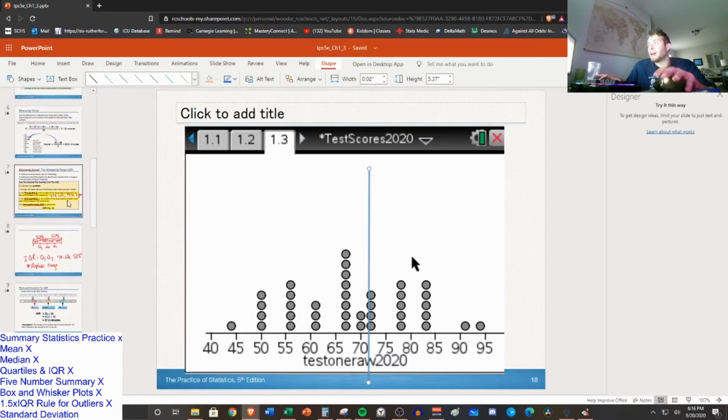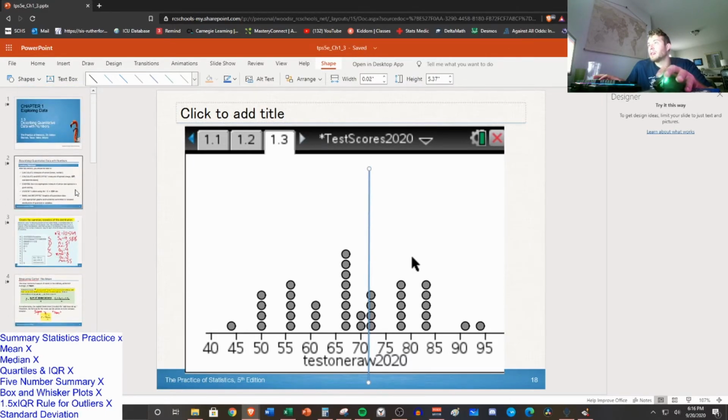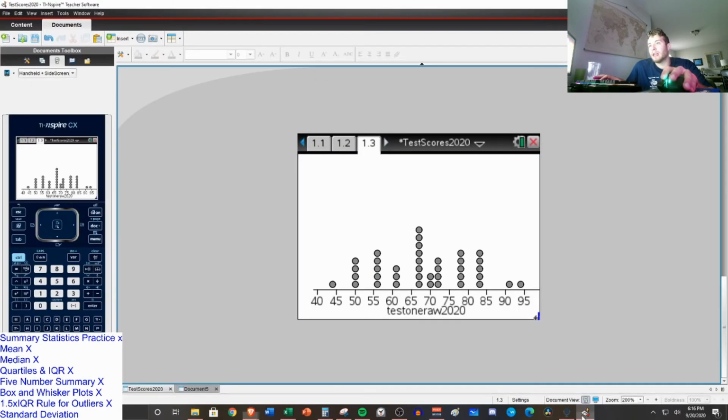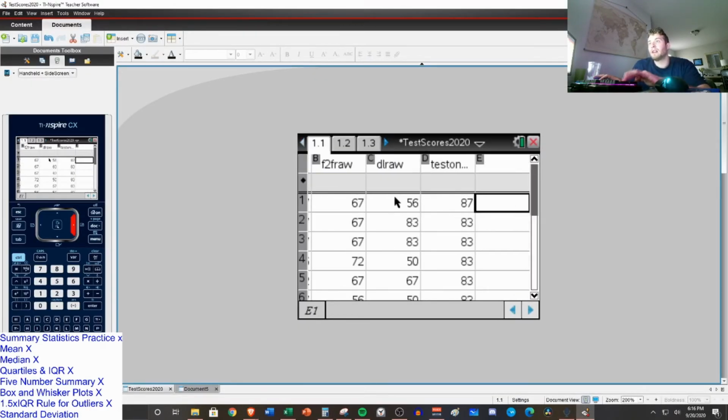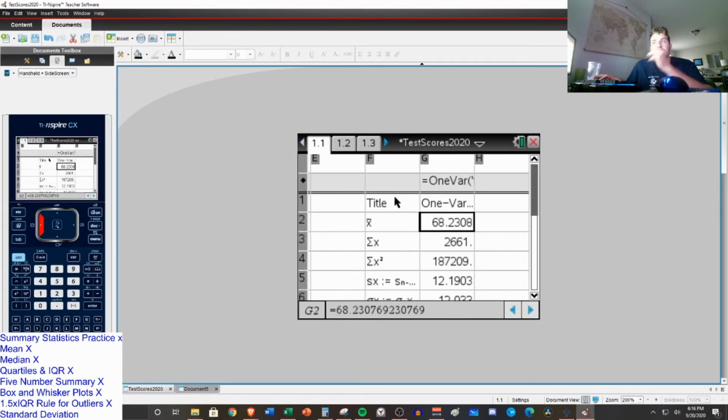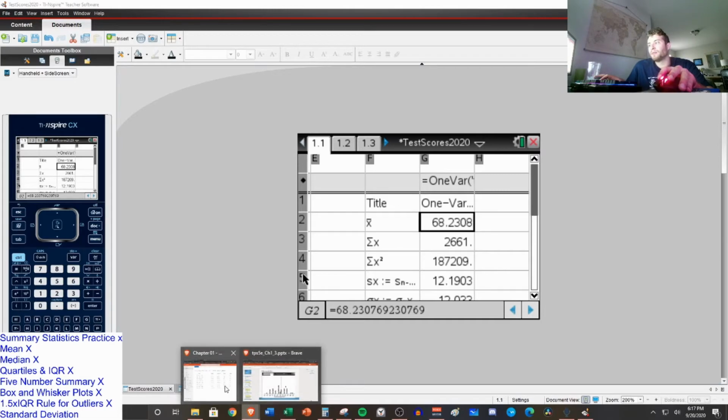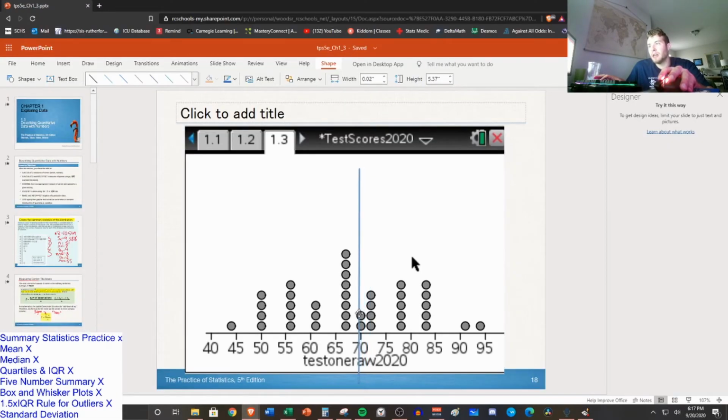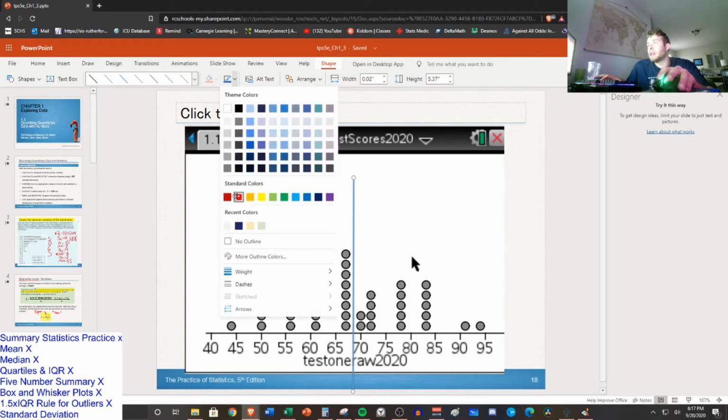And so let's pop back up and see what X bar is. Do we have X bar for this? Hold on. I think I have it. Oh yeah, okay. 68.23 is for 2020 raw data. 68.23. Okay. And then let's color that red.